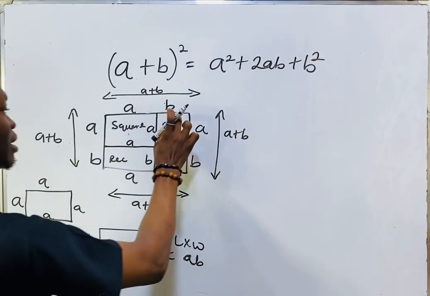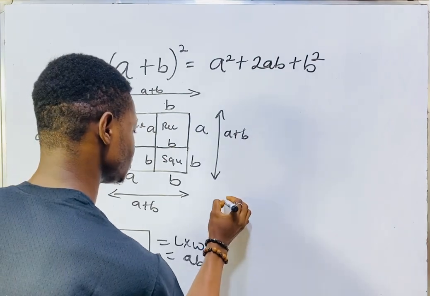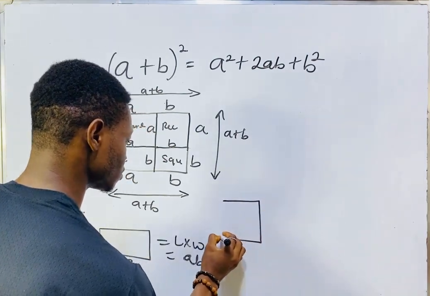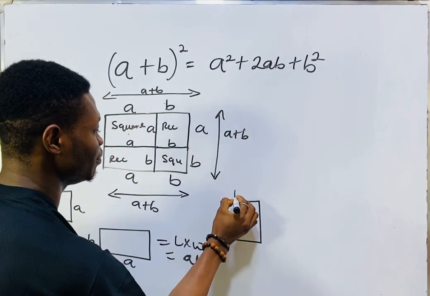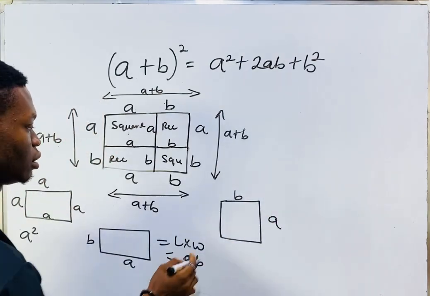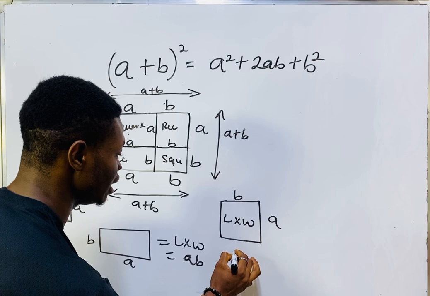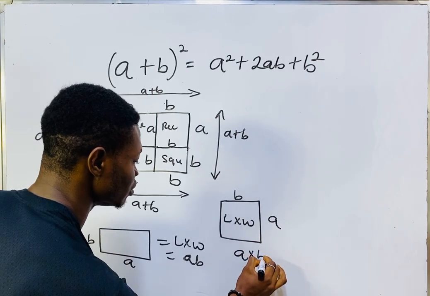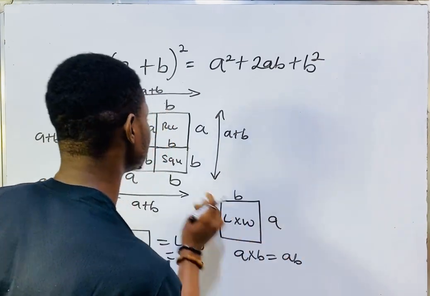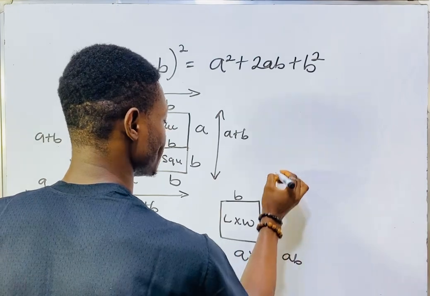So now let's bring out this other rectangle. We are having b, we are having a, right? So the area will be a times b, which is ab, right?